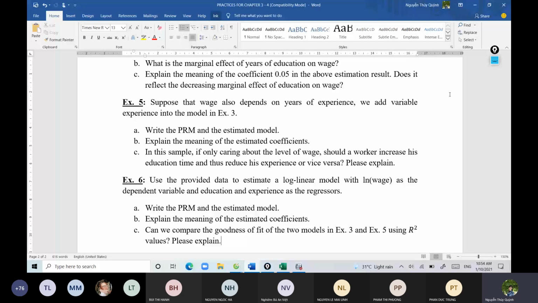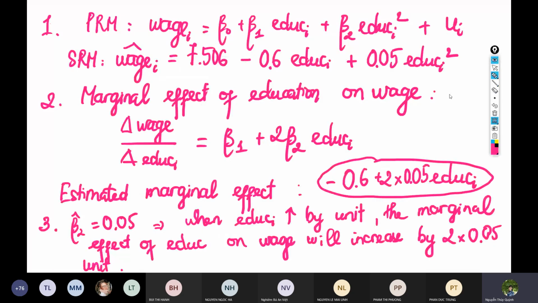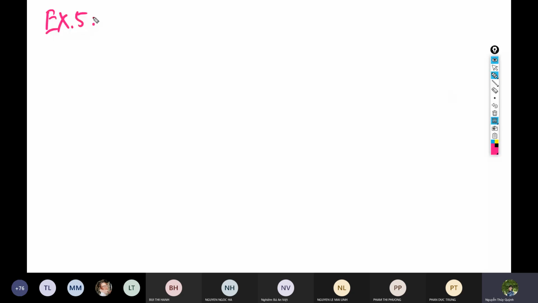So the population regression model has wage as the dependent variable, and we have two independent variables, experience and education.